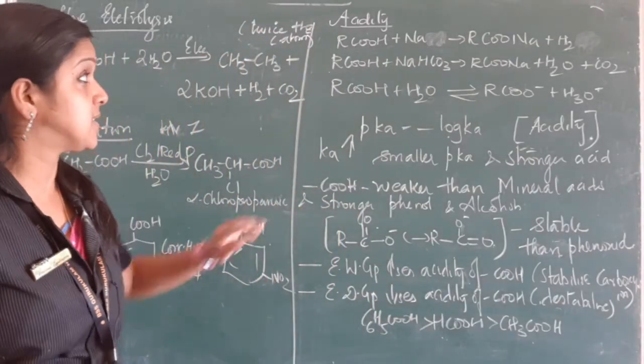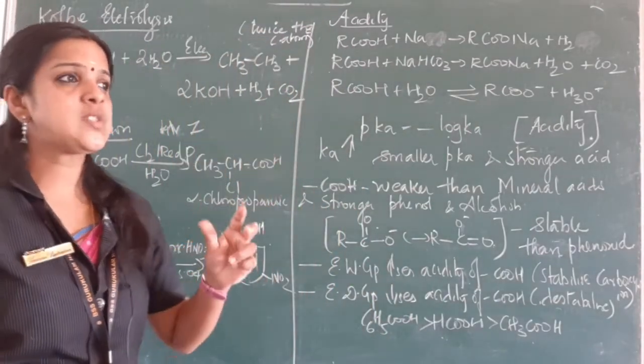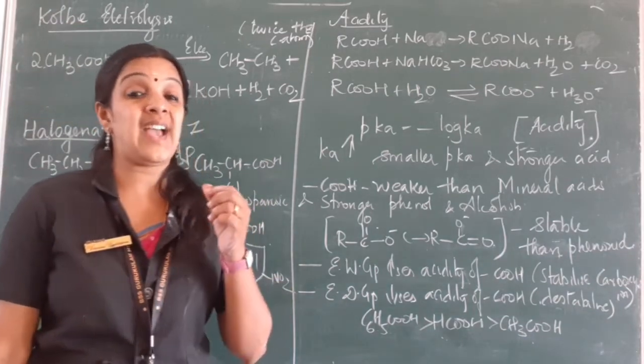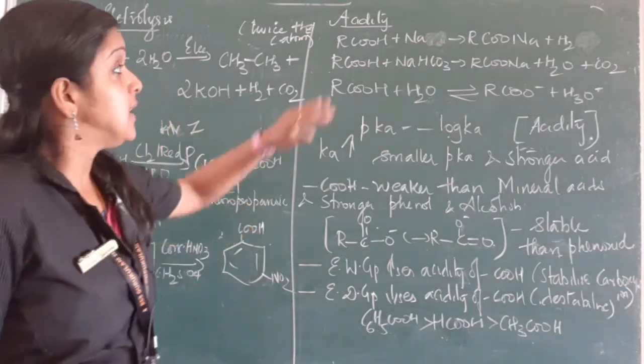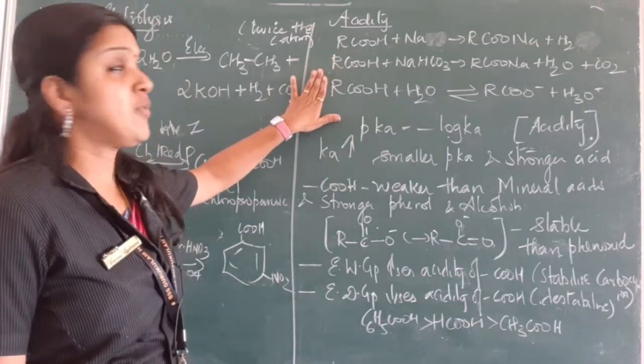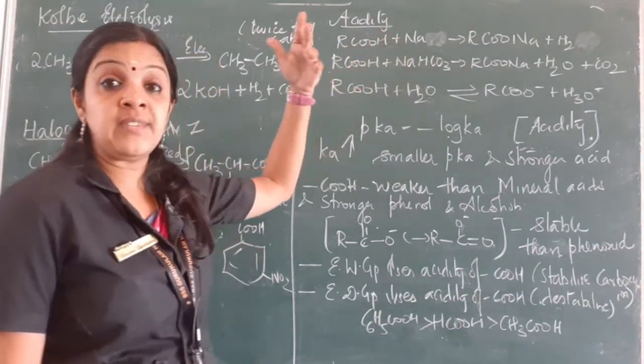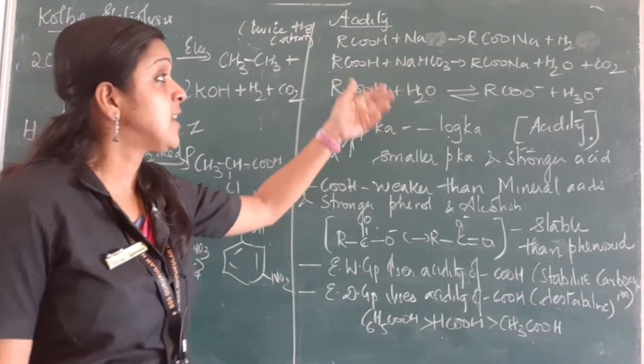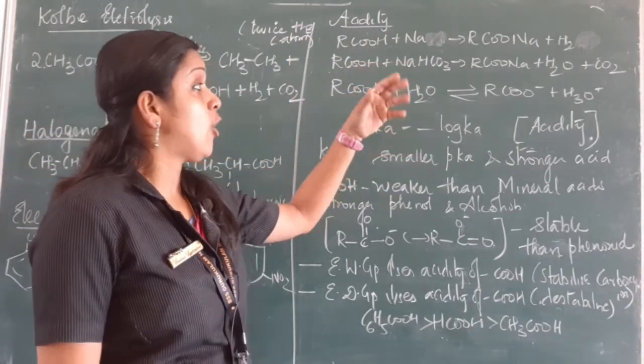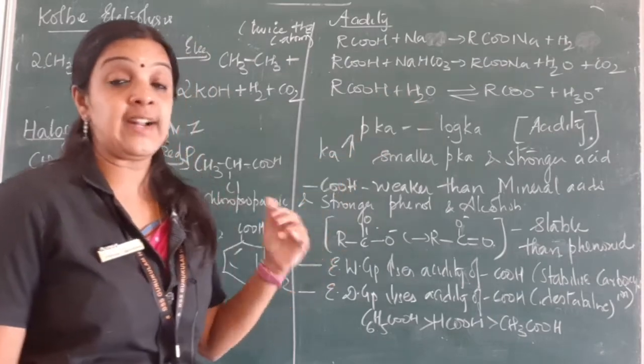Please remember this. The next one is, we will just do a comparative study about the acid strength of acids. Any carboxylic acid will undergo reaction with electropositive metals like sodium, or even with alkali like sodium hydroxide or sodium bicarbonate, or it can even undergo hydrolysis.